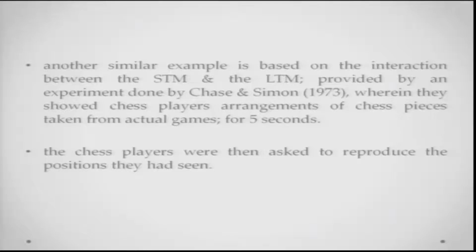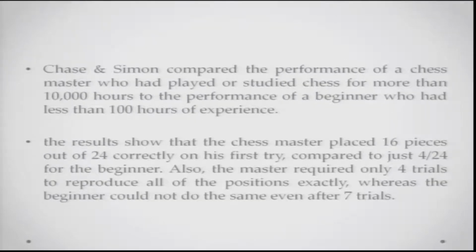The chess players were asked to reproduce the positions that they had seen, and Chase and Simon compared the performance of a chess master who had played or studied chess for around 10,000 hours to the performance of a beginner who had less than 100 hours of experience.